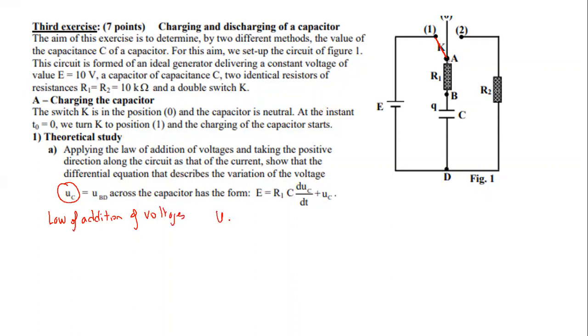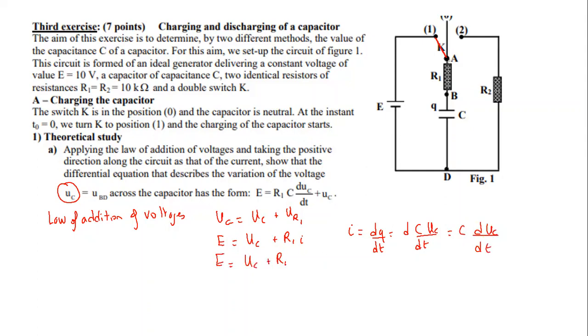We have U of the generator equals UC plus UR1, which means that E is equal to UC plus R1 times I. We know that I equals dQ over dt, which means d(C UC) over dt. This means C dUC over dt. So by substitution, E equals UC plus R1 C dUC by dt, then it's verified.